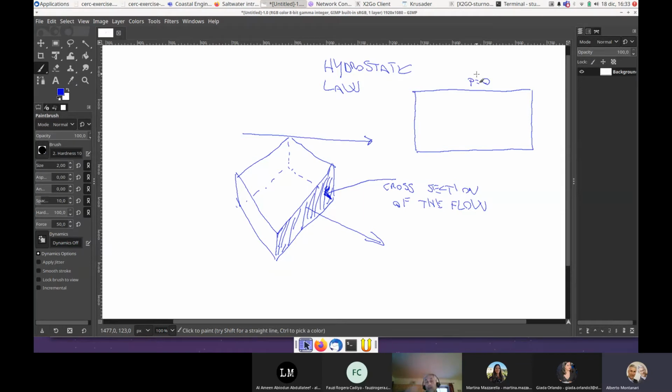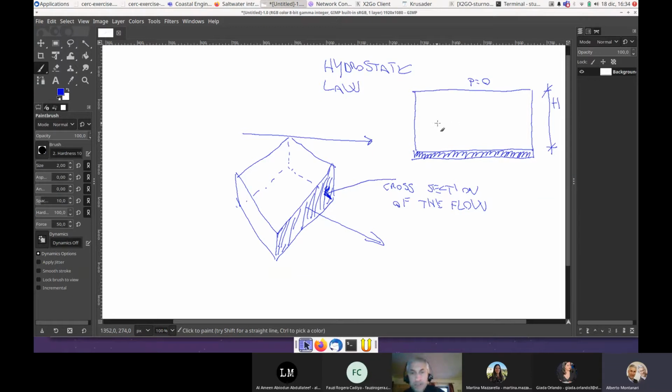This happens when the underground is permeable and there is no confining impermeable layer above. So I have atmospheric pressure over the water. Let's indicate the height of this cross section with capital H. Let's suppose that here at the bottom we have an impermeable layer, so the flow cannot infiltrate.